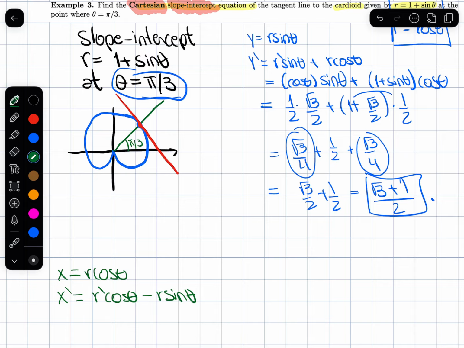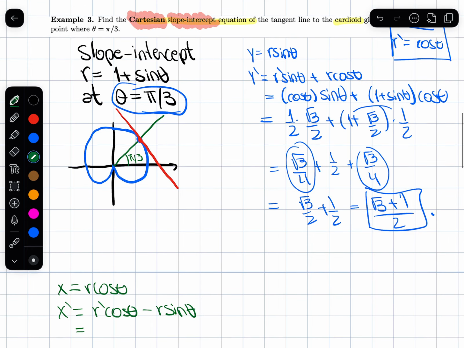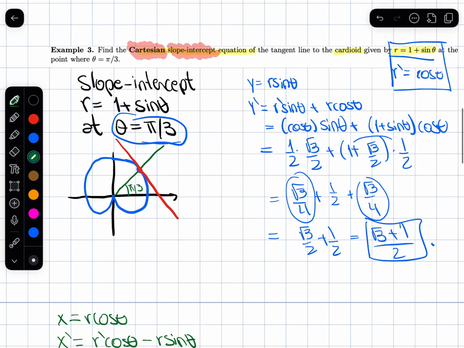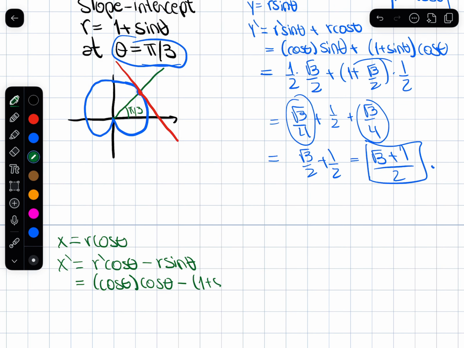And again, r prime, looking up, is going to be cosine theta times cosine theta minus, and r will be 1 plus sine theta times sine theta.